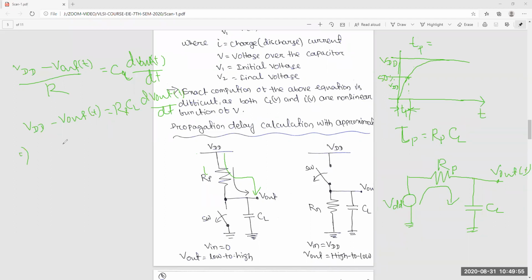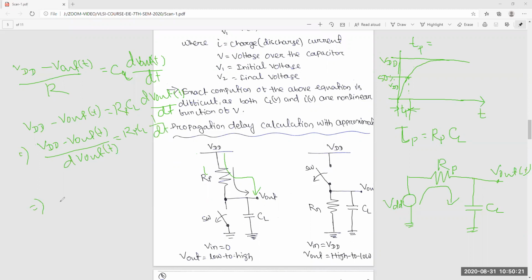So now what we'll do, take VDD minus V out(t) by dV out(t) is equal to RC by dt.